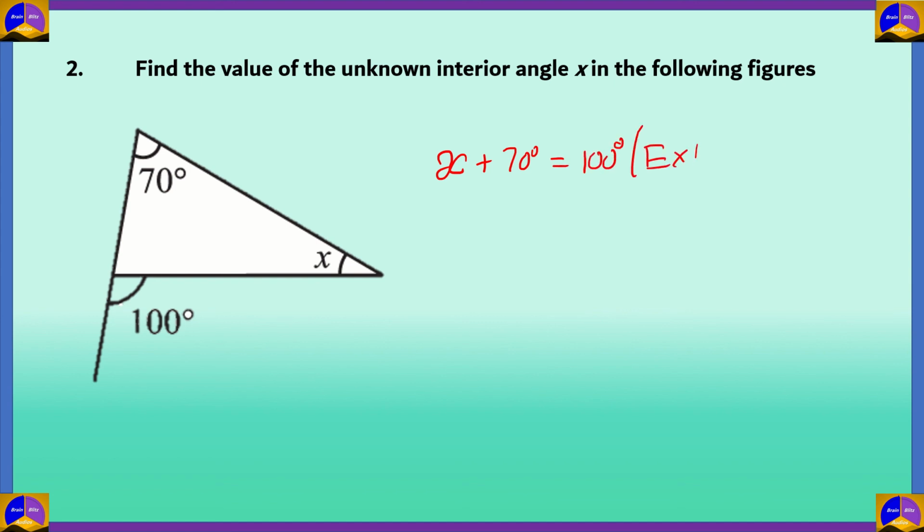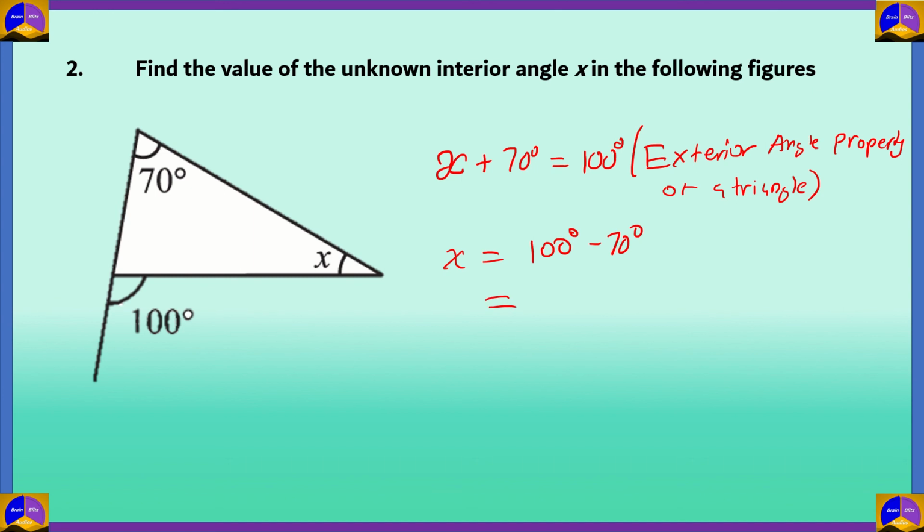Reason being, exterior angle property of a triangle. So to find x, we take plus 70 degrees to the other side, we get 100 degrees minus 70 degrees. So x is equal to 30 degrees. Now, if we check, 70 degrees plus 30 degrees is equal to 100 degrees. So x is 30 degrees in the following diagram.